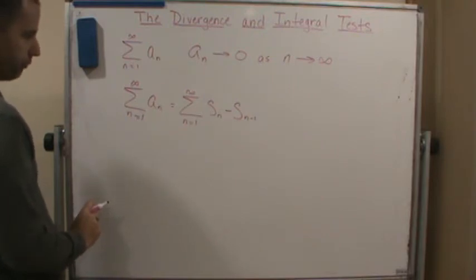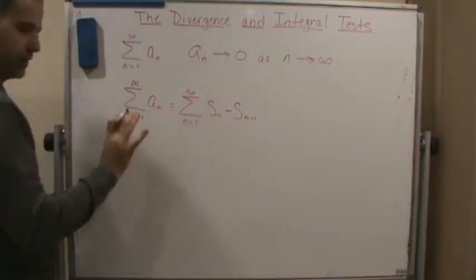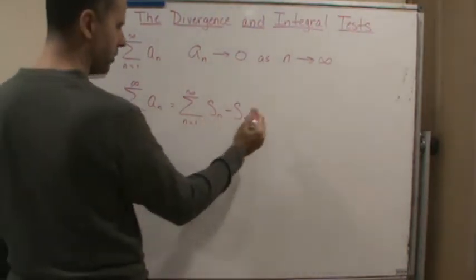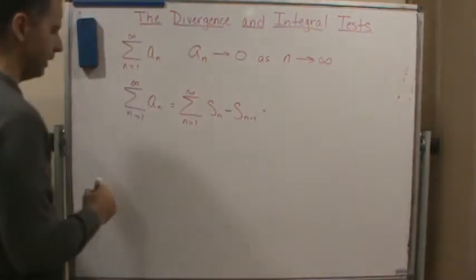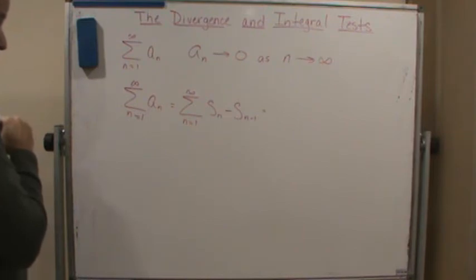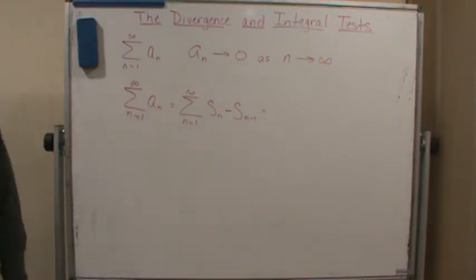Now, if the sequence of partial sums is convergent, right? So if we assume that those are convergent, then we can use the limit of this.